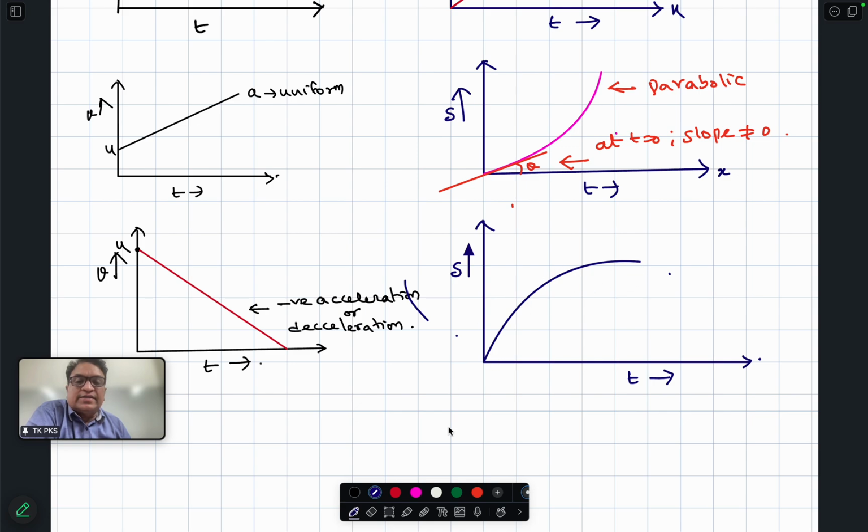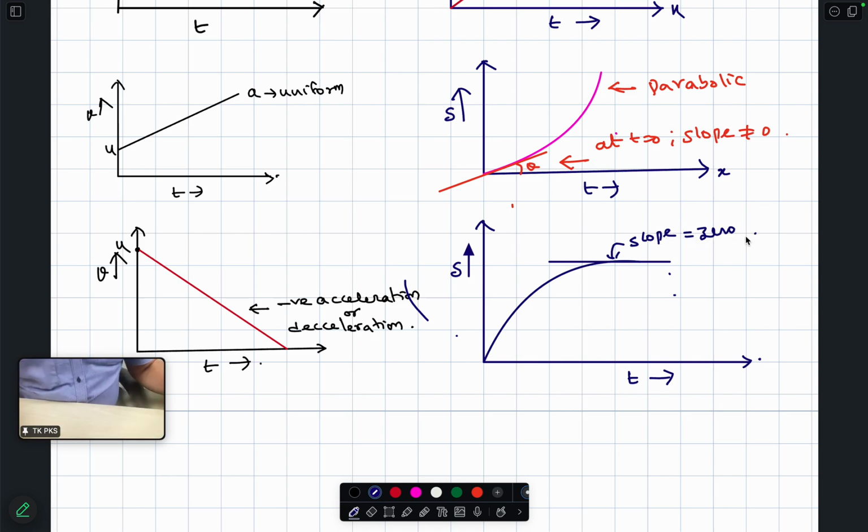In this case, see the slope at this point. Slope is 0.